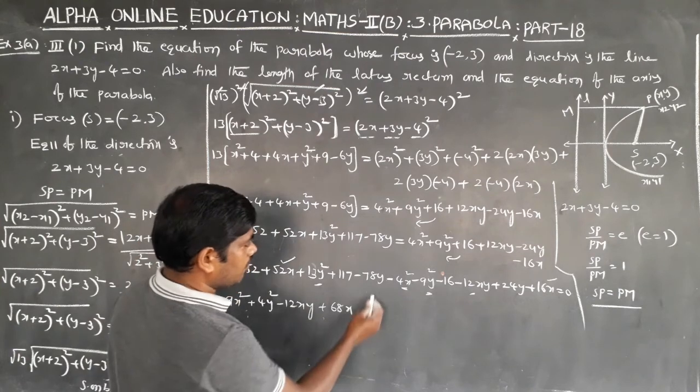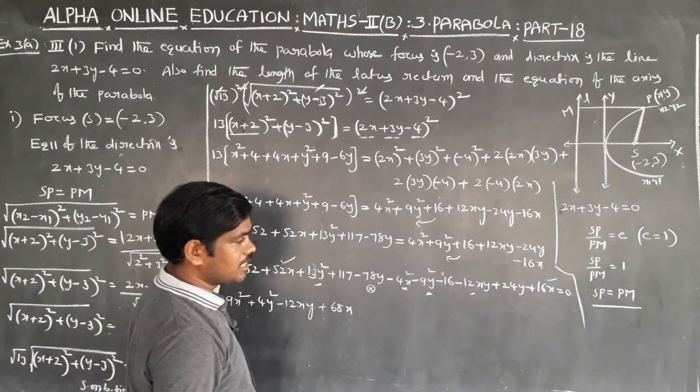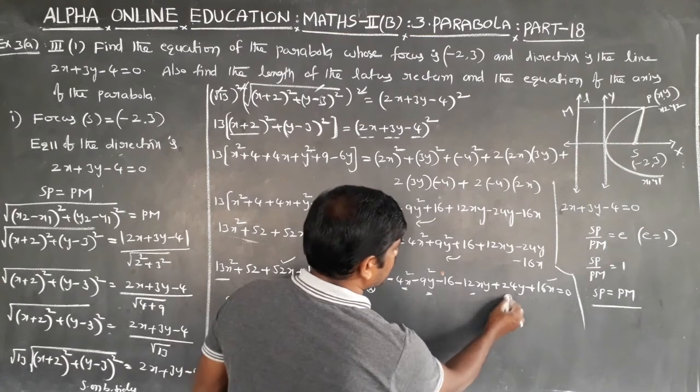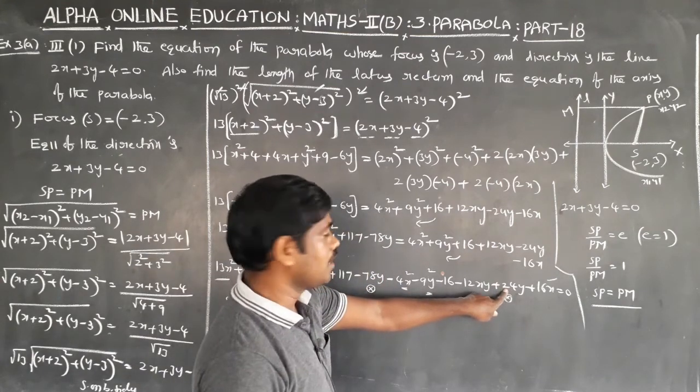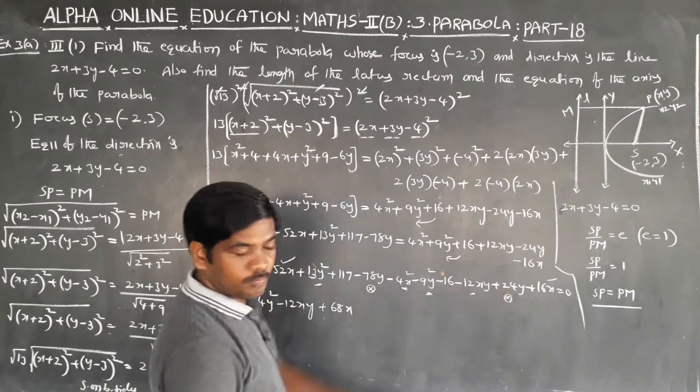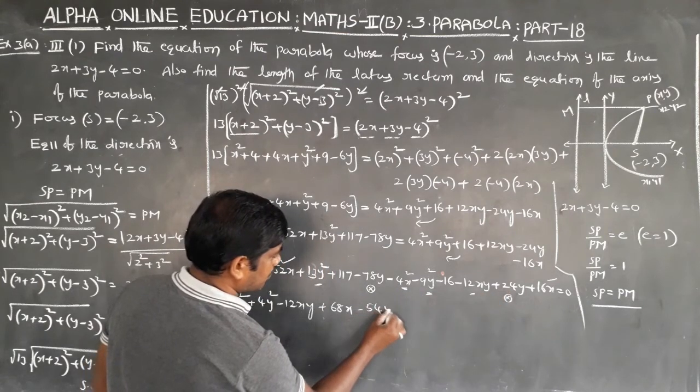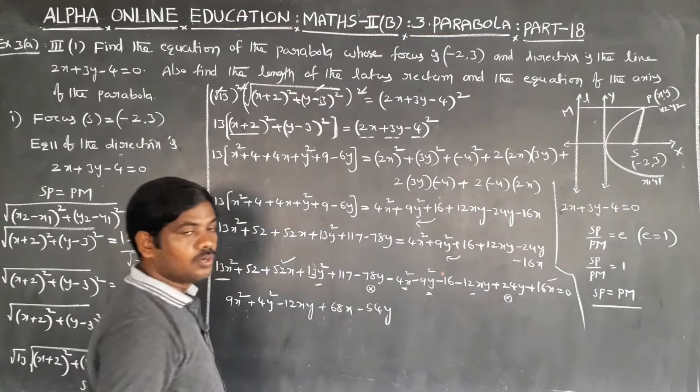68x. Y terms: minus 78y plus 24y, which is minus 54y.